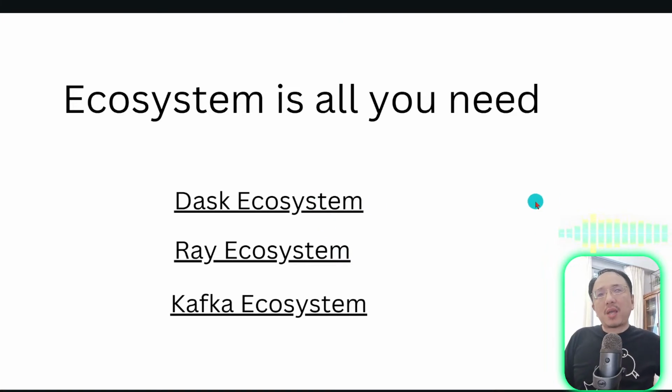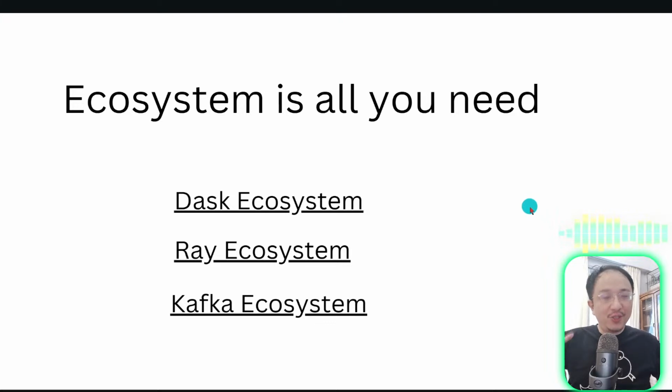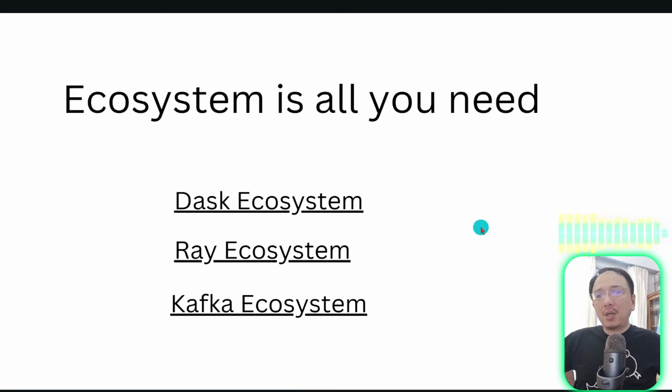All the successful software frameworks have an ecosystem and focus on it, including Torch, Pandas, Polars, and Rust. We probably didn't cover NumPy, which is so popular that it is the ecosystem of ecosystems.